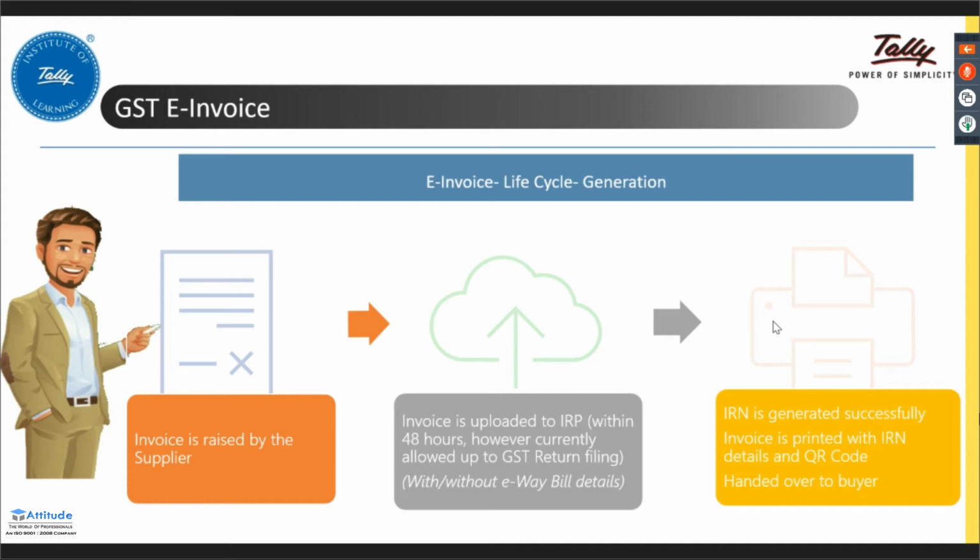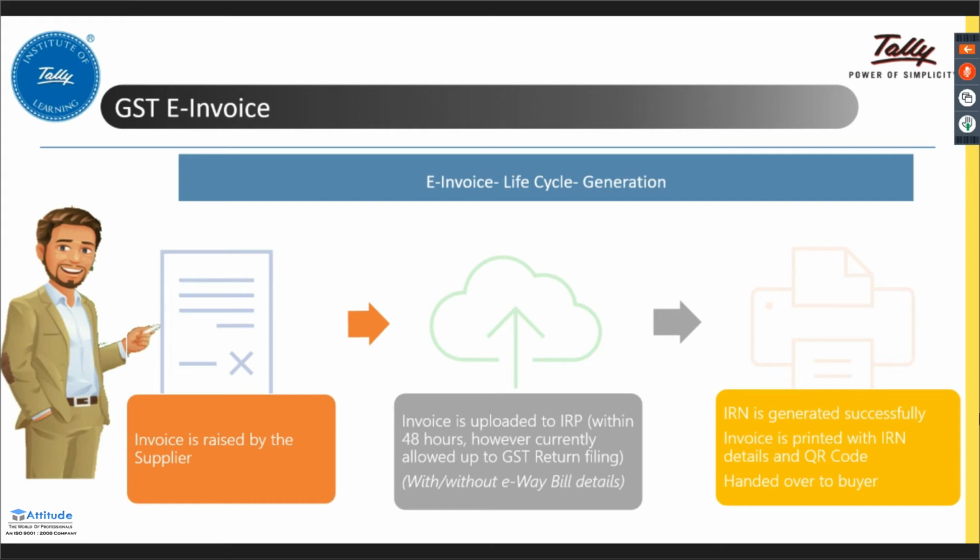Okay, so next comes the e-invoice life cycle, that is when it comes to generation. After generating the e-invoice, the invoice raised by the supplier is uploaded to IRP, that is Invoice Registration Portal, within 48 hours.